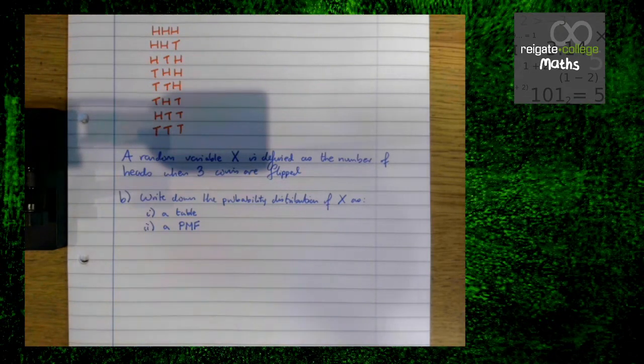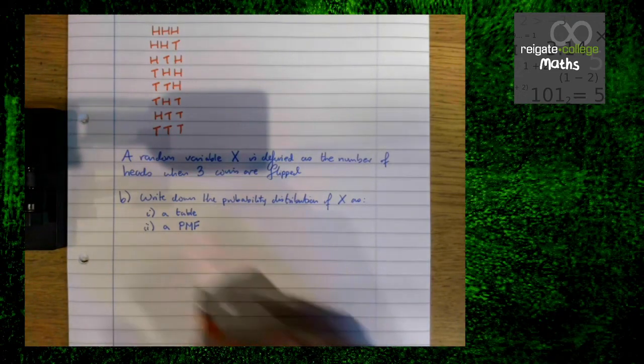Typically, you will only be asked to do one of these, but personally, I find the table the easiest and the PMF the hardest. So if I'm going to do a PMF or a diagram or a graph, I generally write a table out first regardless, because I find it's the easiest way to think about the possibilities.